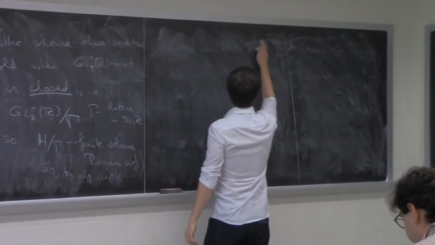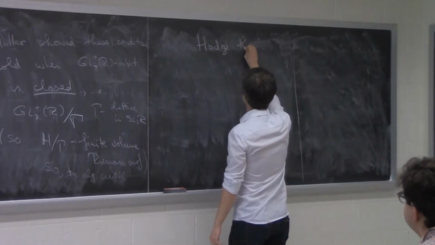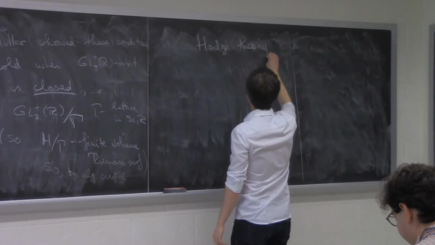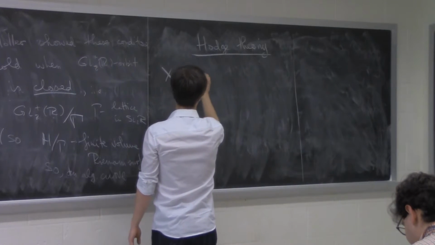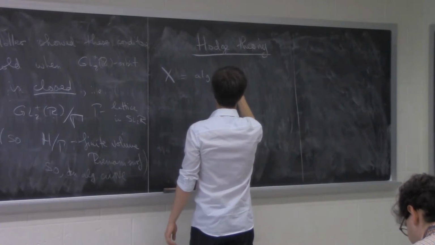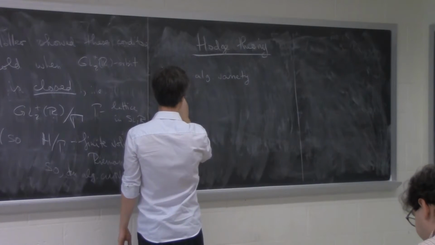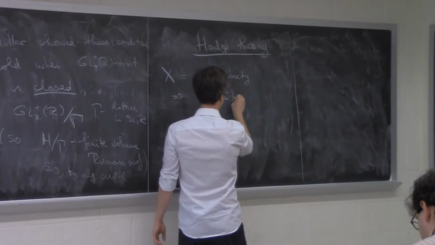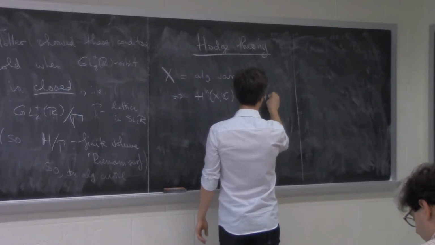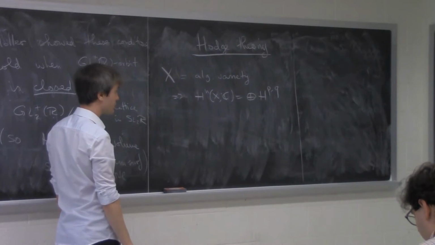So, let me try to get at least briefly at Hodge theory. You know that if you have X as some algebraic variety, or compact complex manifold, Kähler manifold, then its cohomology decomposes into the PQ components, so it has this Hodge decomposition.